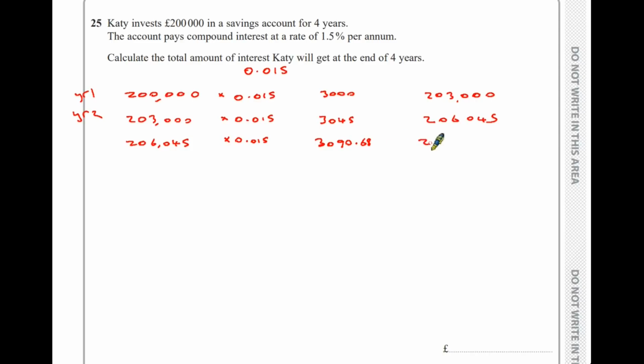So at the end of this year she has £209,135.68. This is the number we're going to put in at the beginning of year 4. So that's where we start. That was year 3. We are now on year 4. We are multiplying once again by the same interest rate.